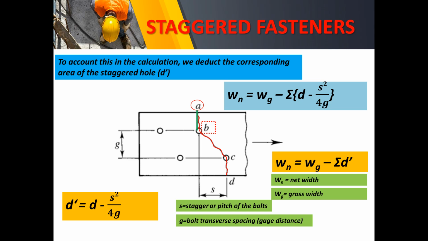If there is a vertical line, there will be no stagger. Hence, in your equation, d prime is not applicable, so there will be no pitch or stagger pitch. What is left in the equation is the summation of the diameter of the bolt.